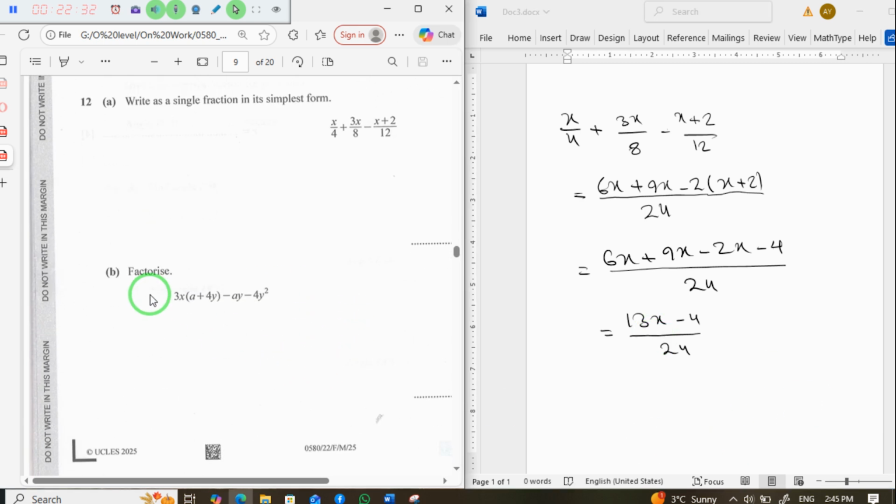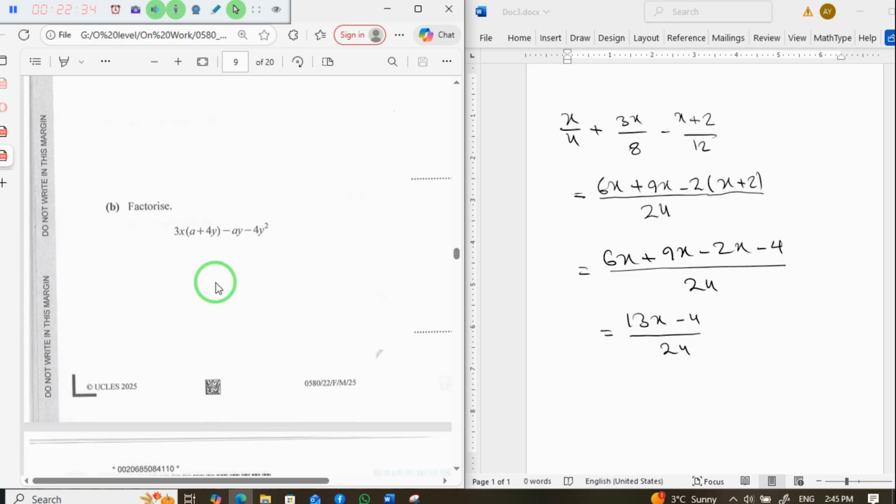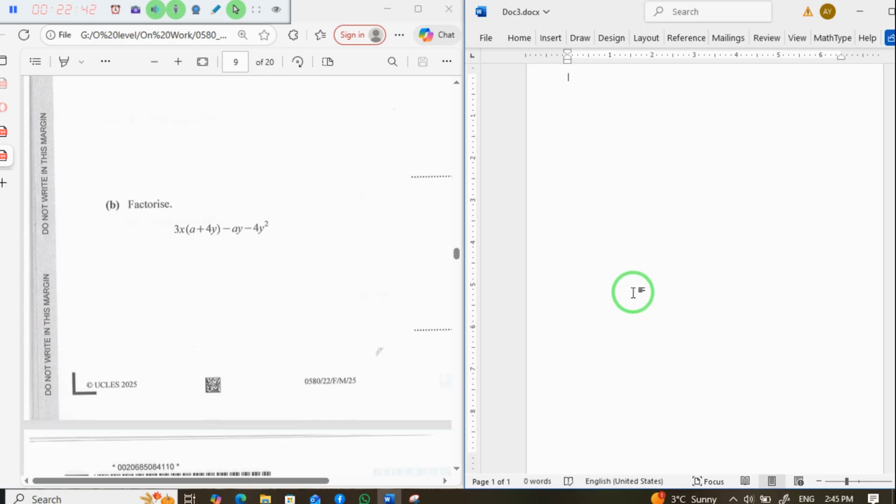And that was part A of the question. It also has two parts. Part B: factorize this expression. 3x multiplied by (a plus 4y) minus ay minus 4y square.